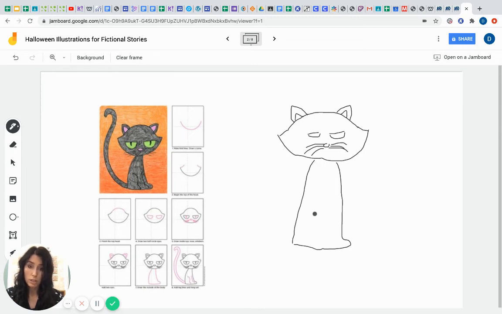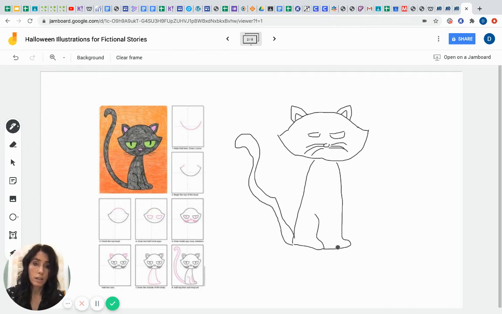This could be the trickiest part of all, just trying to make the leg kind of turn into a leg. And the tail, every cat has to have a kind of a long, curious looking tail. Okay, and the pupils.